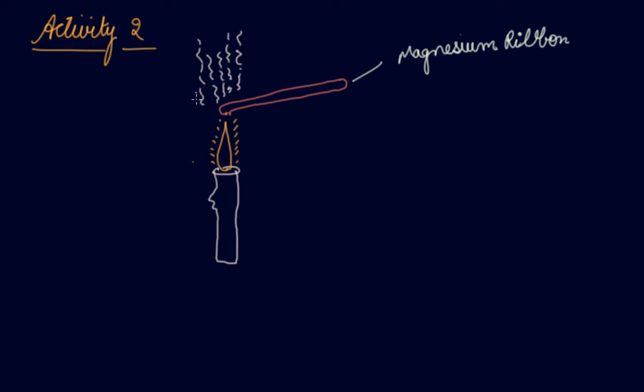When this magnesium ribbon is burning, the smoke is emitted and you will see some ash left behind. Now mix this ash into water.